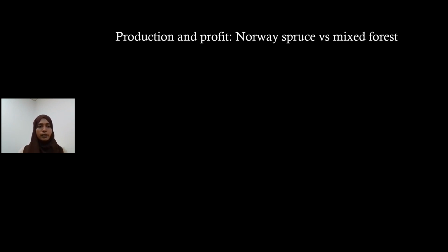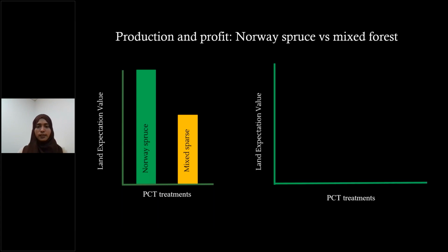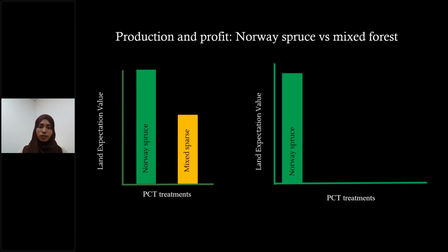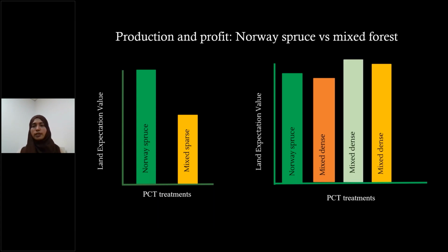Then we compare the land expectation value, and land expectation value was lower in mixed spruce compared to the Norway spruce. But when you compare mixed stands with the Norway spruce monoculture, on one site it was more or less similar to Norway spruce, on two sites it was higher than Norway spruce, and on the last site it was lower than mixed forest.